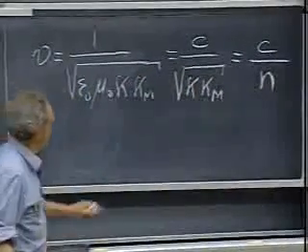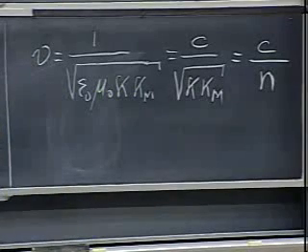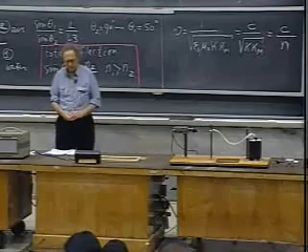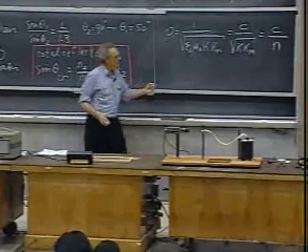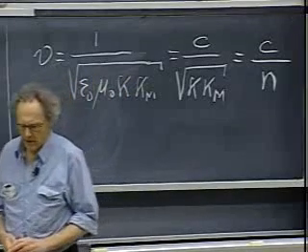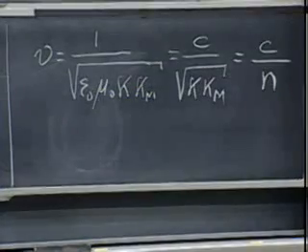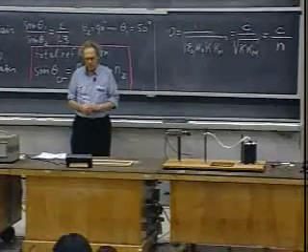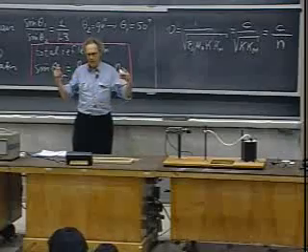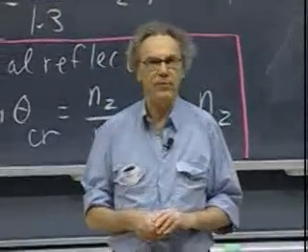So the index of refraction is really the square root of the product of the dielectric constant and the magnetic permeability. Now kappa and kappa m are very strong functions of frequency, and that's not so surprising, because at very high frequency the intrinsic electric and magnetic dipoles, which are being aligned by the alternating external fields, cannot follow quickly enough.